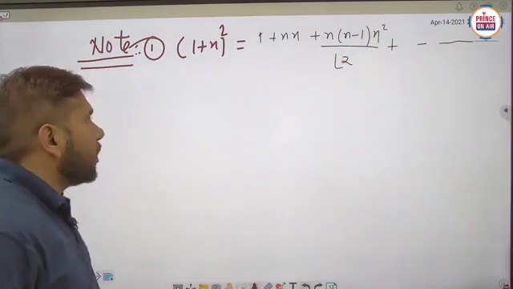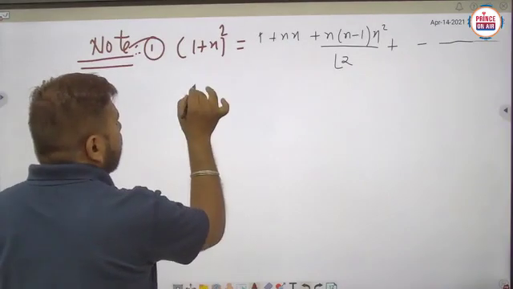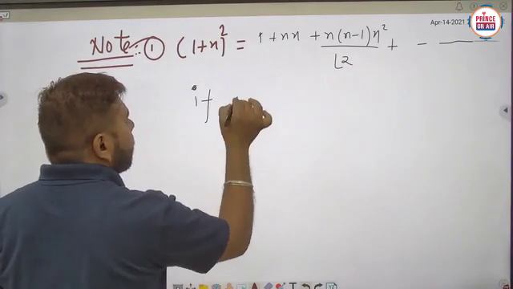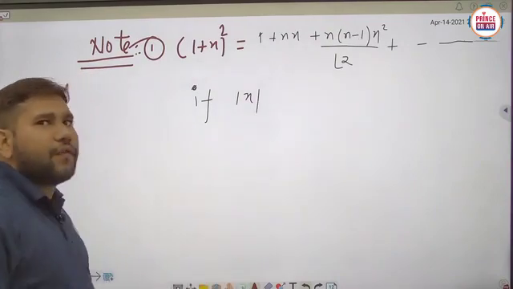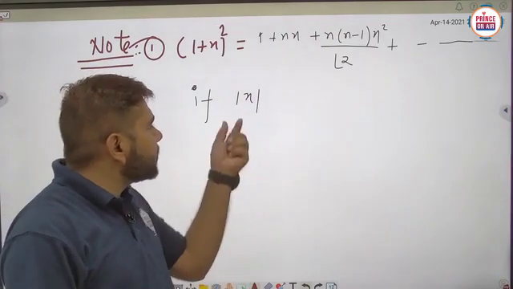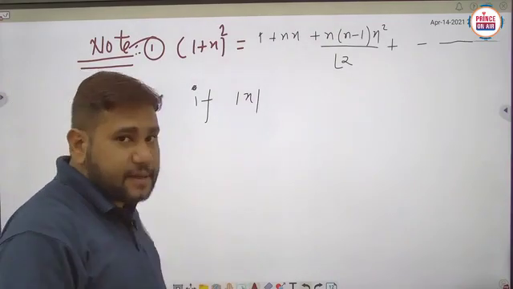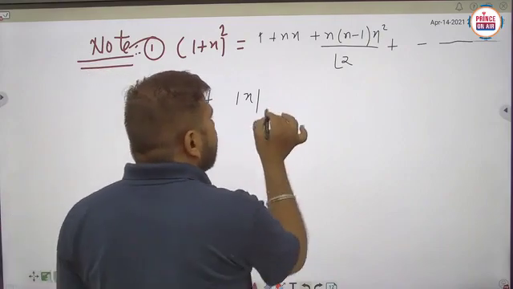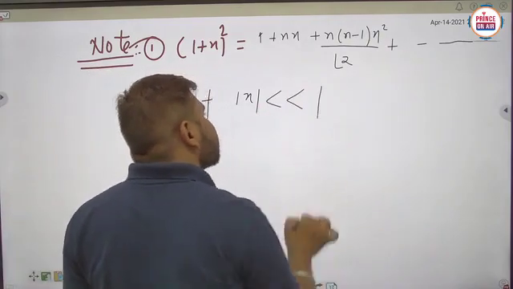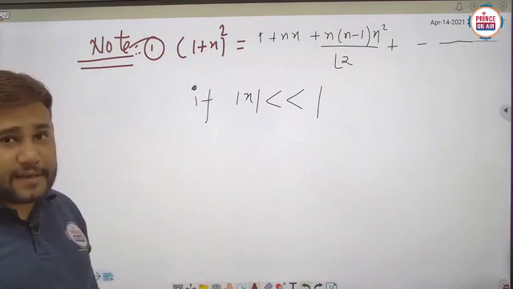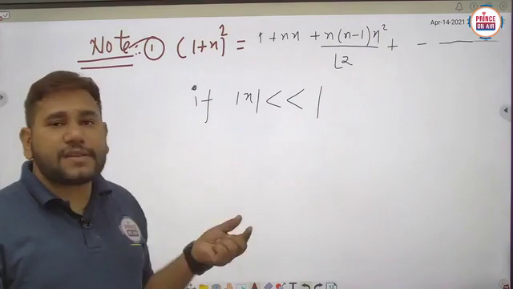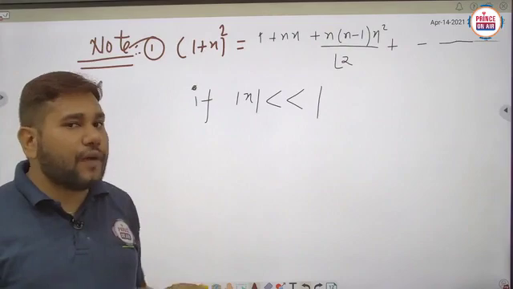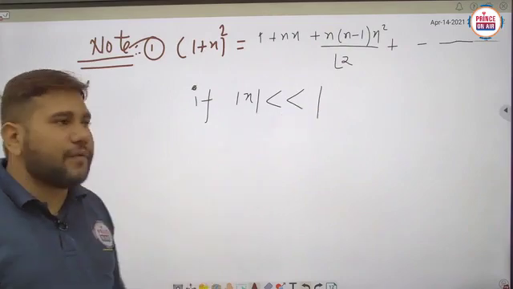Yes or no? Now let's see. If mod of x, the magnitude of x, is very less than 1, then listen carefully.